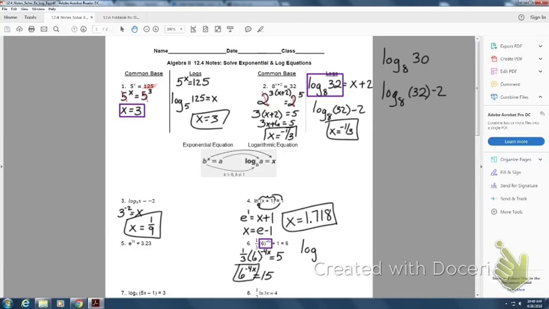No, looking at this right here. 6. So log base 6 of that equals negative 4x. And then how would I solve for x? Just by looking at that, how do I get negative 4 off of x? Divide by negative 4.